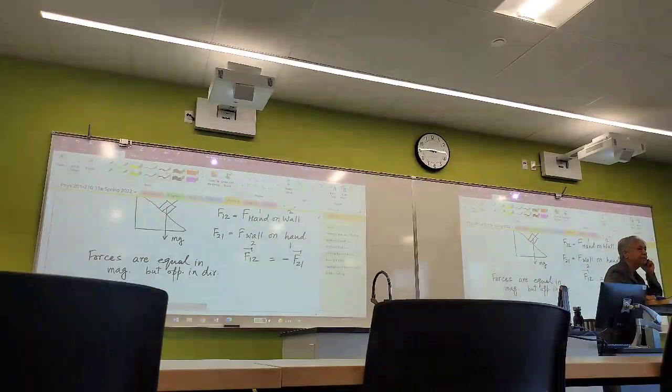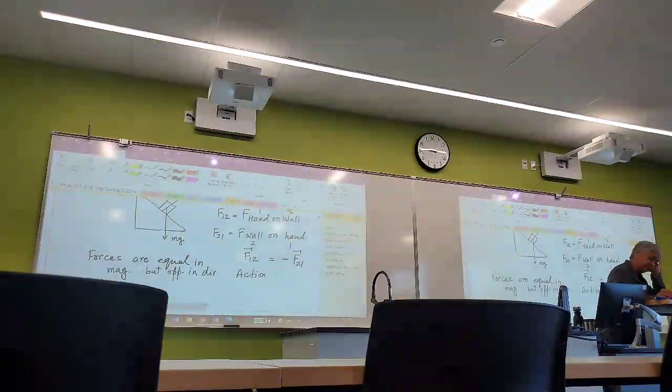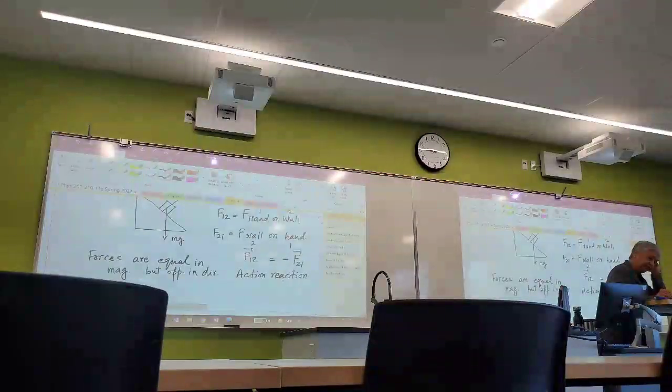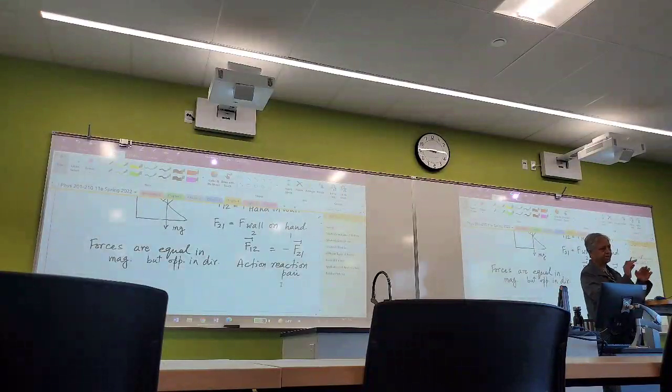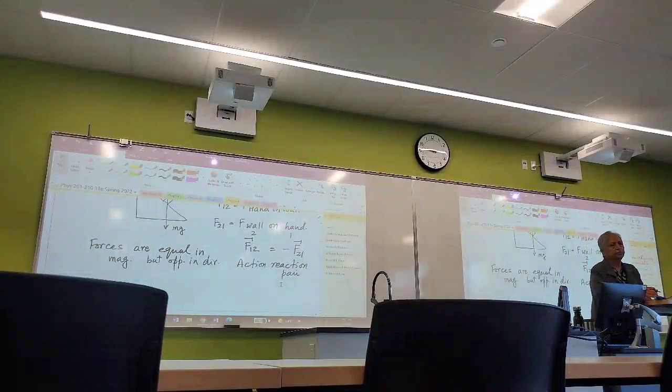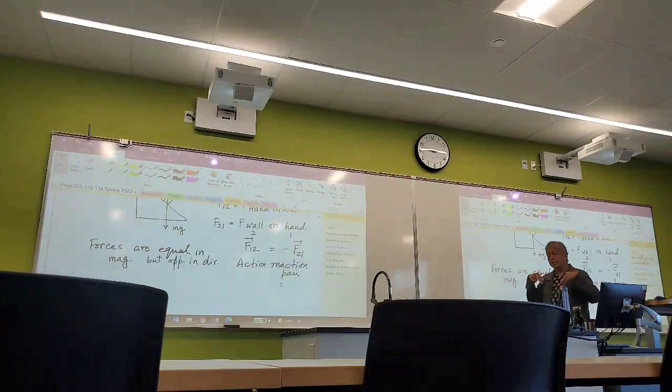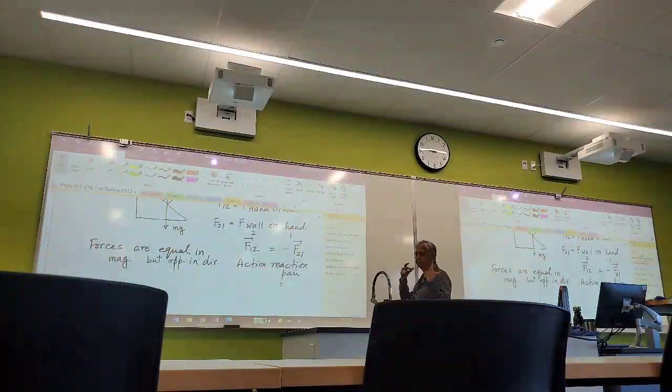The minus sign represents that they are in opposite direction, right? And these are called an action-reaction pair. And you can call whichever one force as action and the other force as reaction. It's not like this has to be action, that has to be reaction. It's an action-reaction pair.